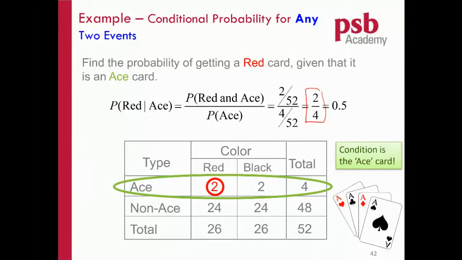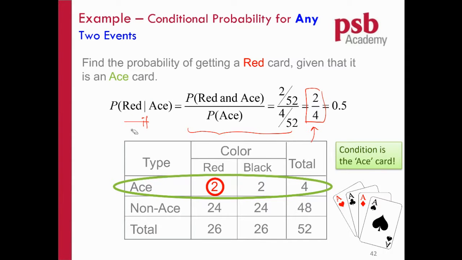So when you are doing this type of question, you don't need to use a formula. You just need to straight away use this, 2 out of 4. But you just need to know the notation here. The line is just "if."